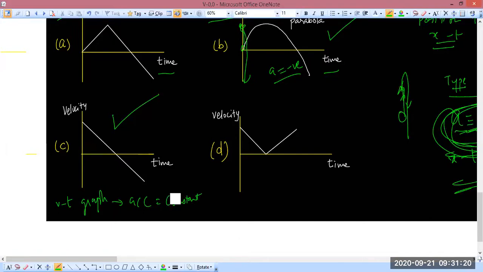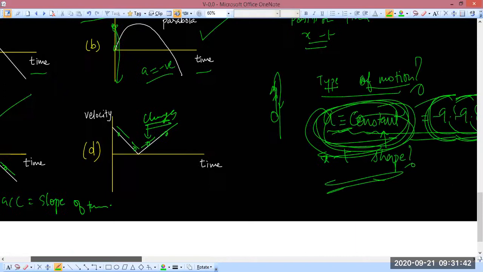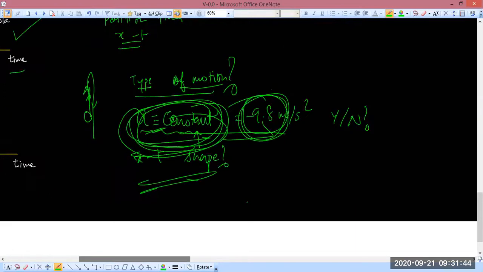Here acceleration is the slope of tangent. You can see that here the slope of tangent never changes, but over here it changes. It has got different. So that's why C is the correct answer. So the final answer is B and C.